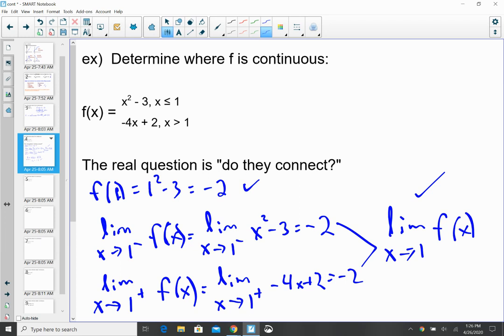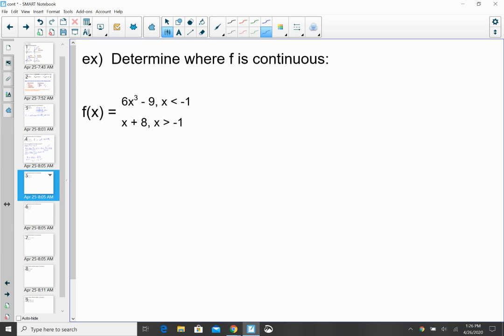So what's that mean? f is continuous for all values of x without any exceptions. All right, let's look at another piecewise function, and I'm going to run through those three criteria because you should be looking at the three criteria.